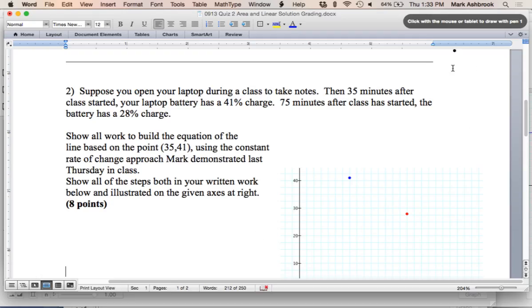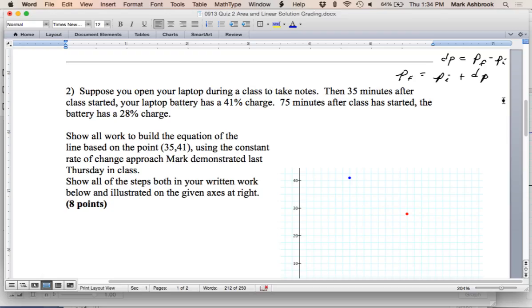We've talked about how the change, such as dP, is P final minus P initial, right? We've also said that P final is equal to P initial plus the change in P. And we talked about how those should make perfect sense totally in isolation from one another, not just one algebraic step away from each other.